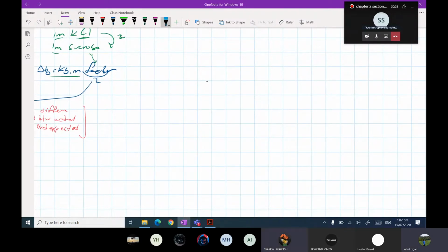Let's say this is boiling point and this is freezing point, and this is expected freezing point, and this one is also expected.